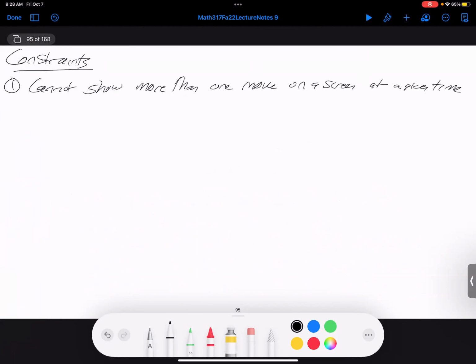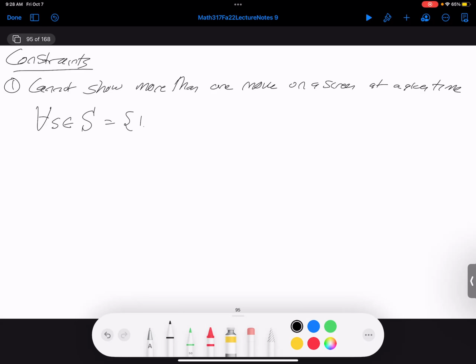So let's convert this to math speak. This has got to be true for any screen, right? So for all S in S. I'm going to use a little bit of abusive notation.